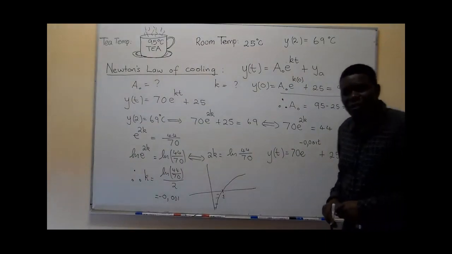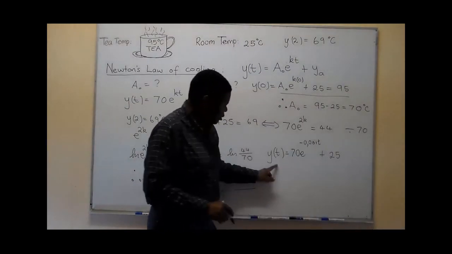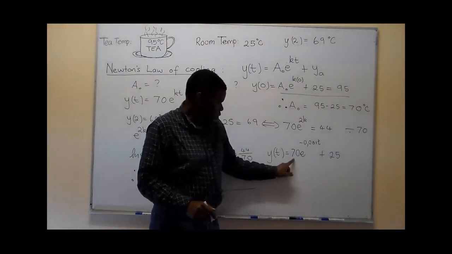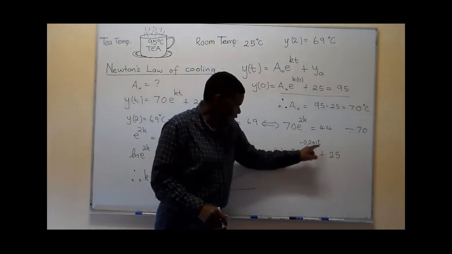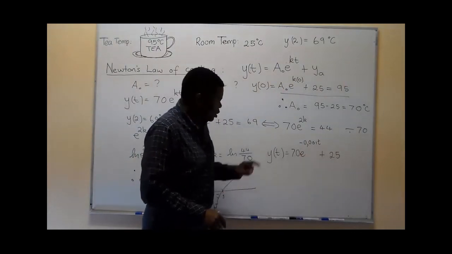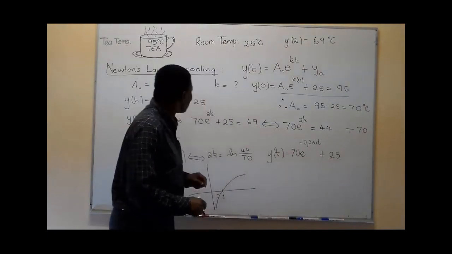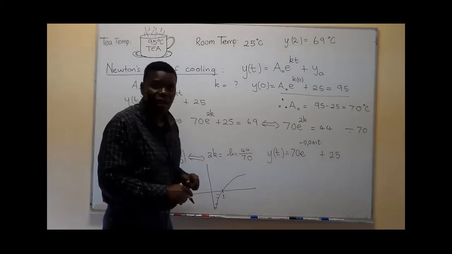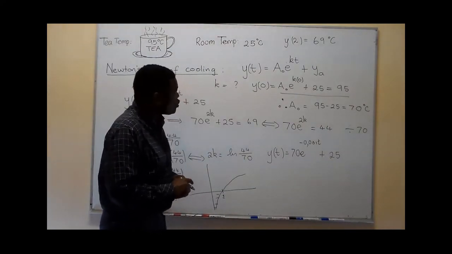So what we've arrived at here is a model: y of t equals 70 e to the power minus 0.001 t plus 25. This is a particular function which describes exactly how the temperature of the cup of tea is changing.